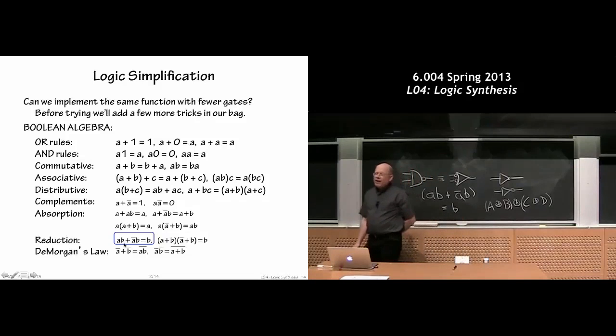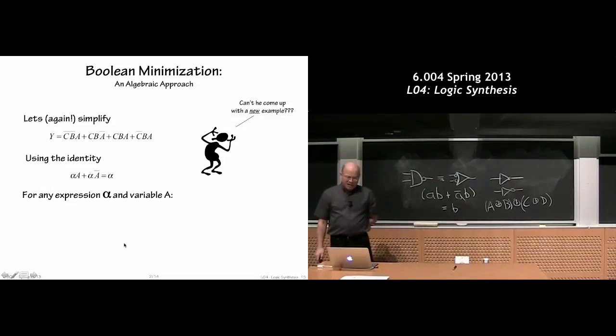And in fact, you can sort of say, well, it's pretty obscure, Chris. I mean, let's see it in action. And the answer is we're going to use this reduction identity where alpha is any expression and A is a particular literal. We're going to take this guy up here, which is our favorite expression that we seem to have been working on for a while. Okay, and here it is. I've just rewritten it here.